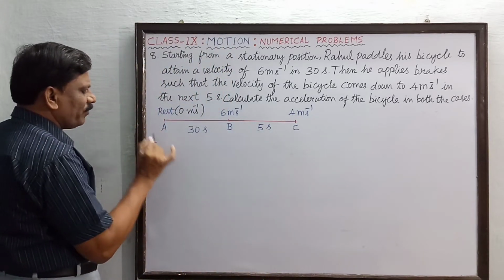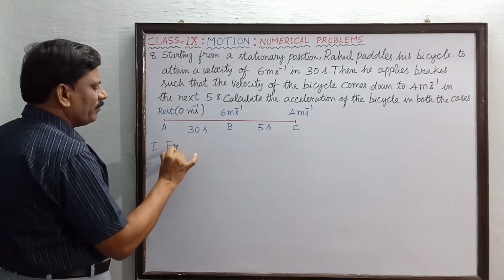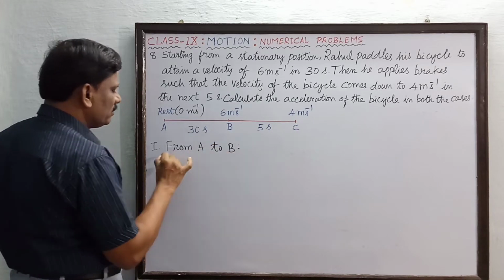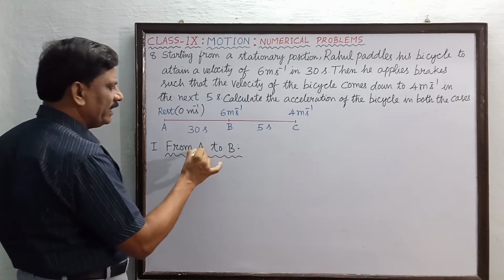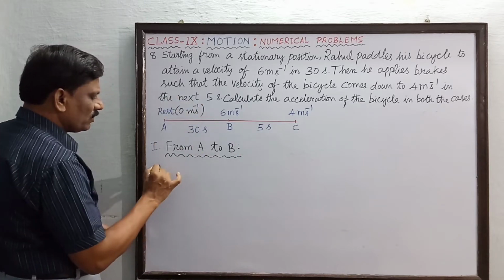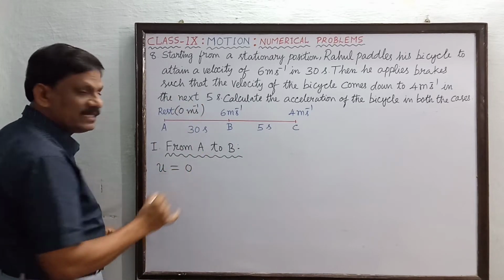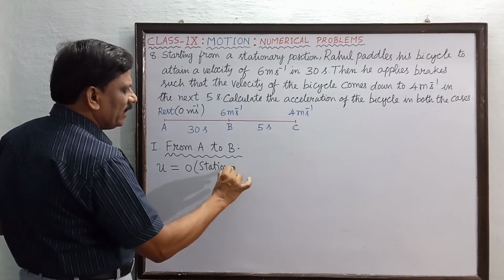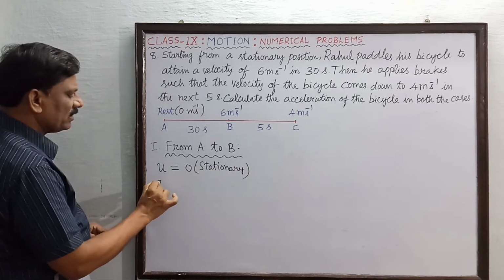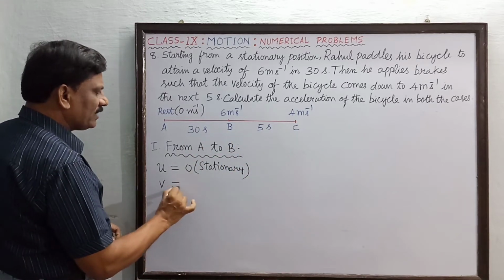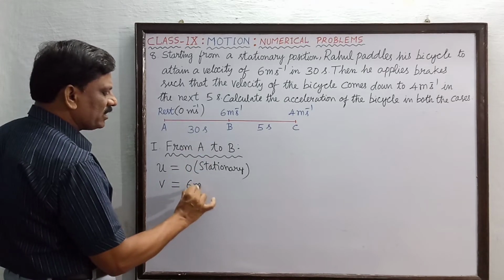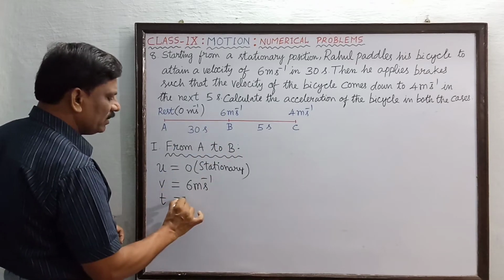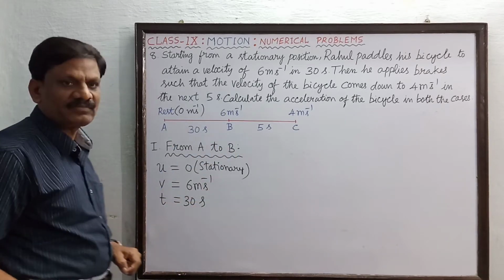So step 1, I will take from the position A to the position B. The initial velocity is equal to 0 because he is initially at a stationary position. Then at B his final velocity is equal to 6 meters per second, and the time taken for his journey from A to B is 30 seconds.